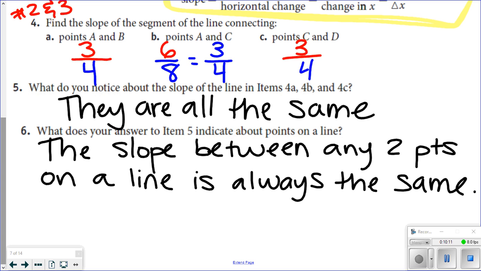Your stairs, if built correctly, should all have the same height or vertical change and the same width or length, the horizontal change. That's what makes our graph linear. That's what makes our graph a straight line, is that the slope is the same between any 2 points.